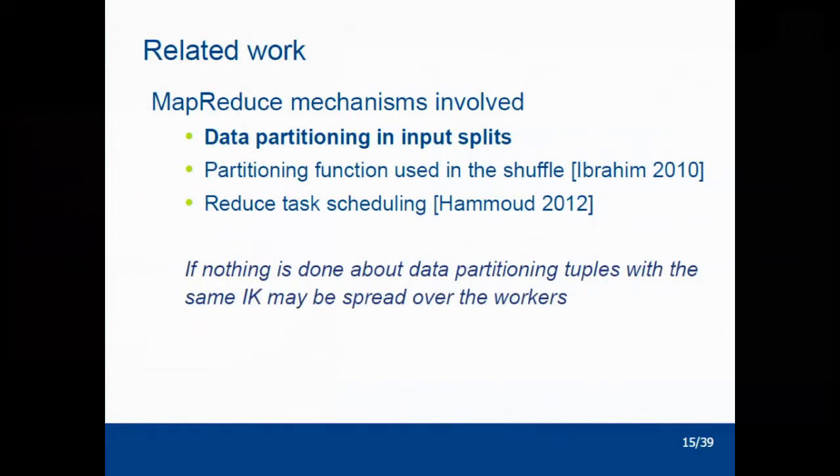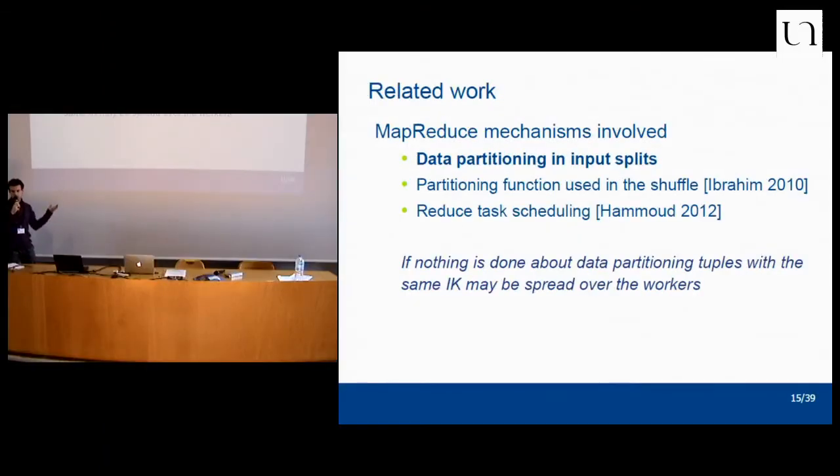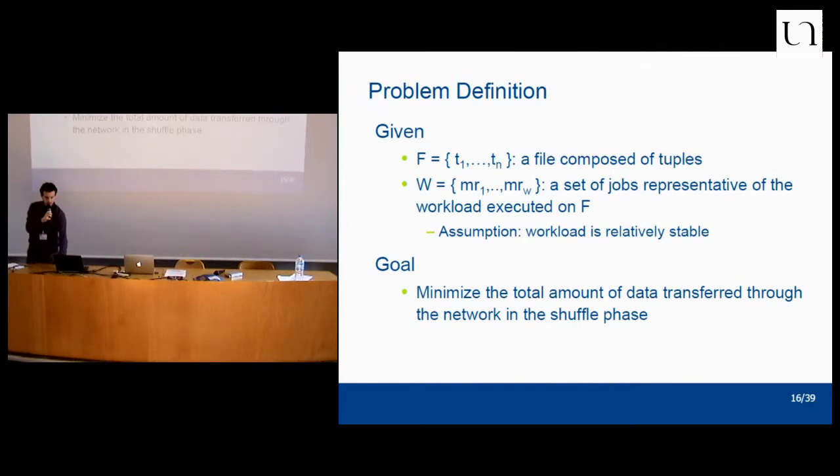So these works focus on the second and third mechanisms that I mentioned before. The problem is that if the intermediate values are distributed over all the map tasks, this approach cannot benefit from that, and the total amount of data that is transferred is not minimized. So we are focused on this part of the problem.